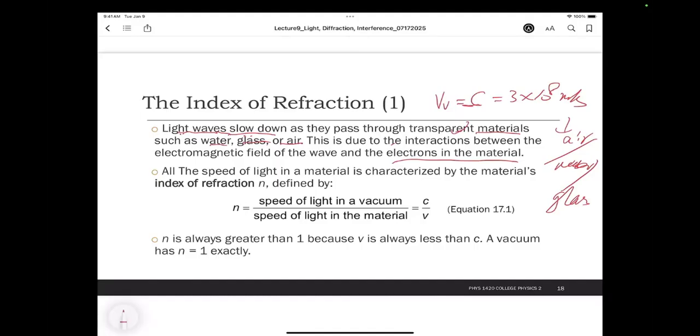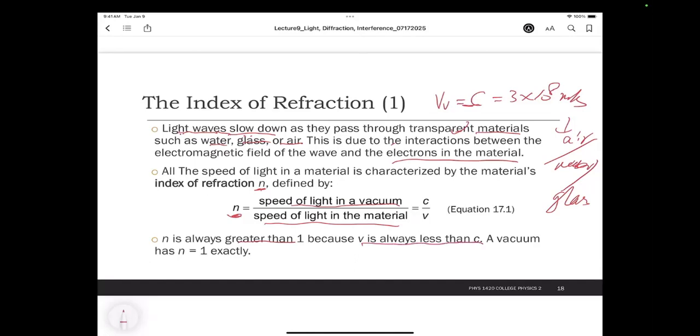The speed of light in a material is characterized by the material's index of refraction, n. We define n as the speed of light in a vacuum divided by the speed of light in the material: n equals c divided by v. n is always greater than 1 because v is always less than c.